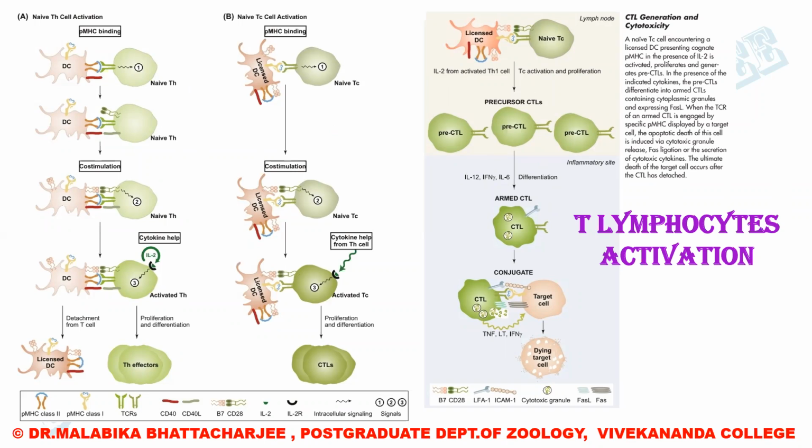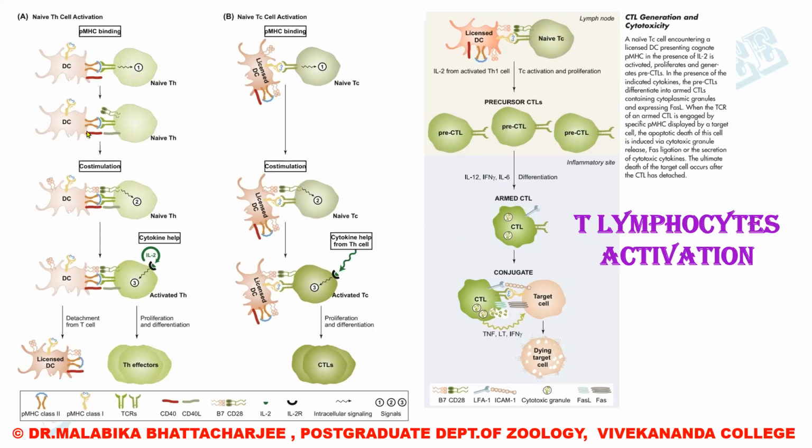We had studied the three-signal mechanism of T cell activation, in which, if you remember, the naive T helper cells, on binding of the TCR to antigenic peptides displayed on MHC class 2, deliver signal 1 to the T helper nucleus, and also upregulate CD40 ligand on the T helper surface.